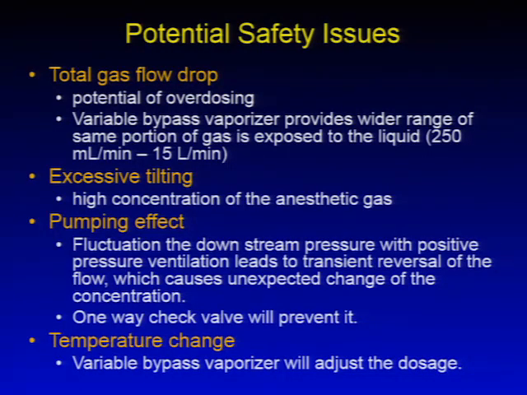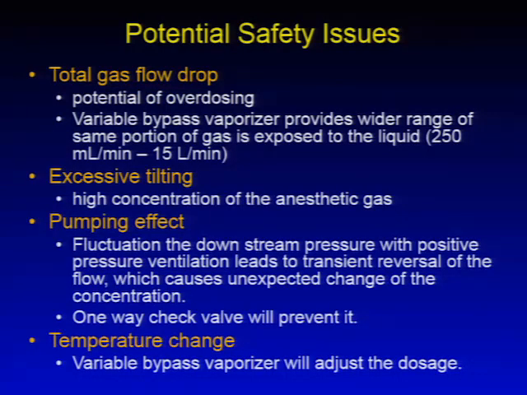Excessive tilting: if you tilt the vaporizer, then you may see a high concentration of the anesthetic gas, which may or may not be prevented even by the variable bypass vaporizer. And then the pumping effect. This is the fluctuation of the downstream pressure with positive pressure ventilation, which leads to transient reversal of the flow.